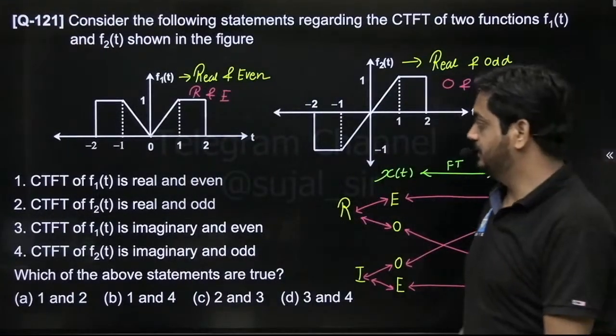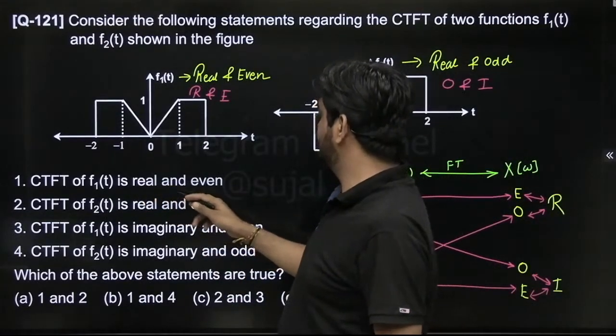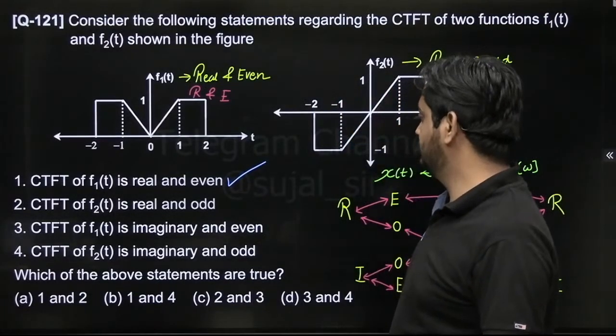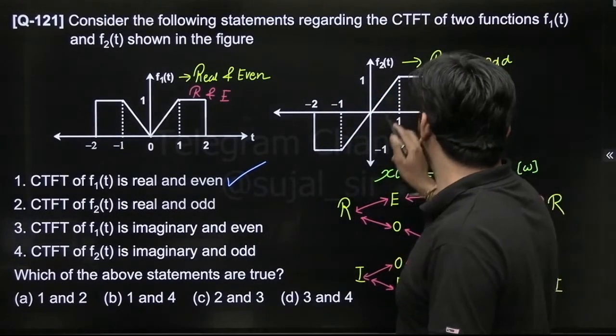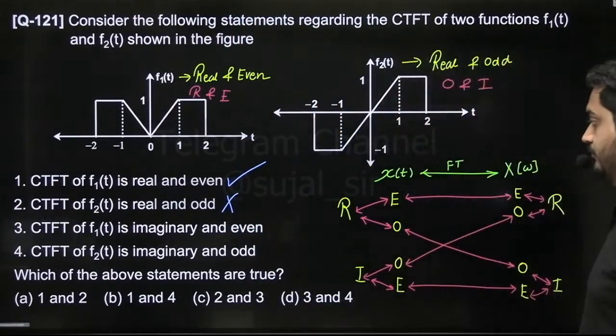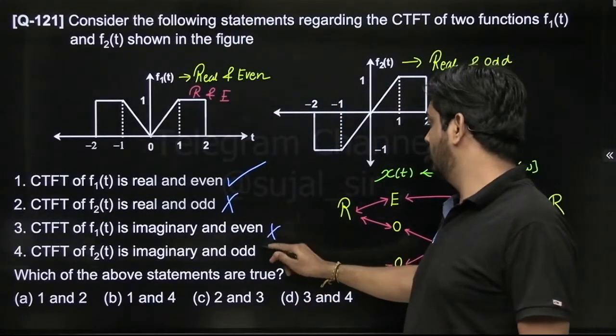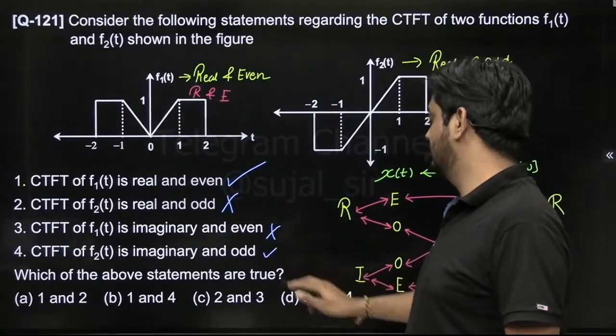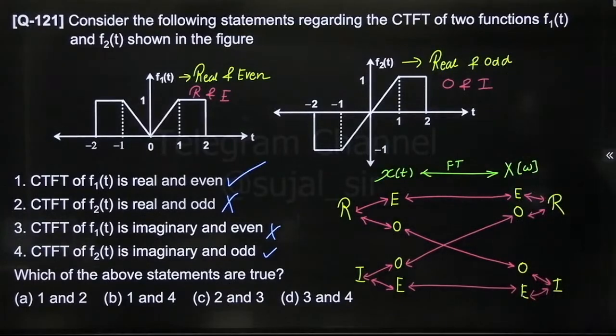You can see, guys, CTFT of f1 of t is real and even. Yes, first statement is true. CTFT of f2 of t is real and odd. No, guys, it's odd and imaginary. So second statement is wrong. CTFT of f1 of t is imaginary and even. No, wrong. CTFT of f2 of t is imaginary and odd. Yes, this is right. So how many statements are correct for this question?